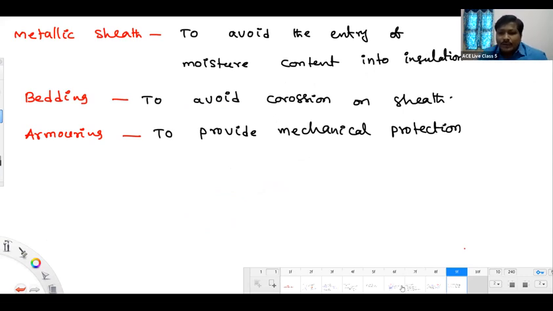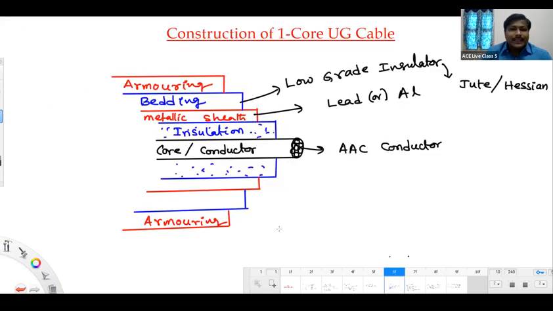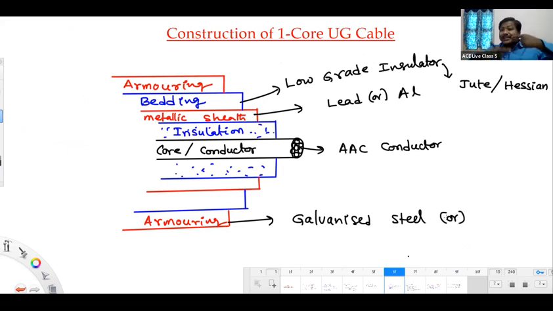What are the materials we will be using for this armoring? It will be galvanized steel, or you can say a layer of steel strands.